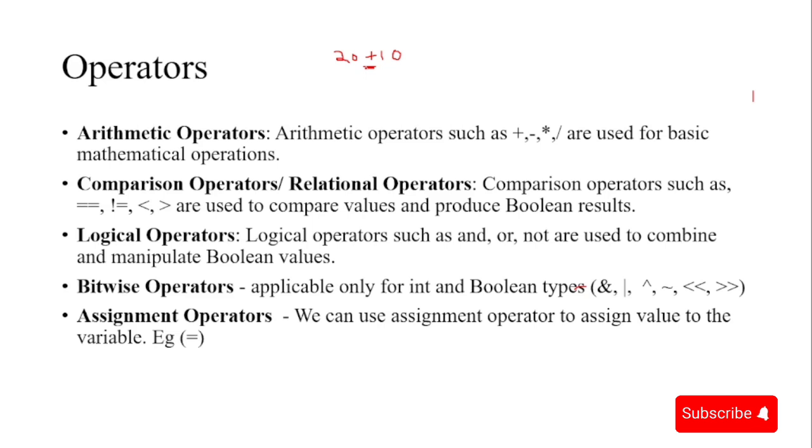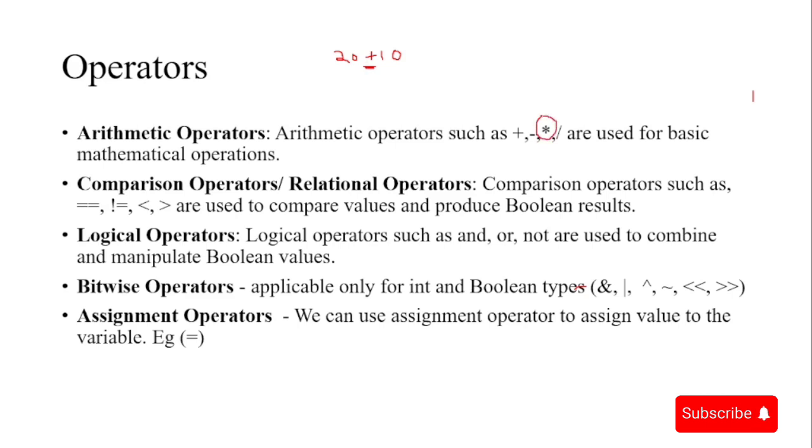Arithmetic operators include addition, which you all know, subtraction, which you all know, and multiplication. The way a programming language understands multiplication is by the use of an asterisk sign.